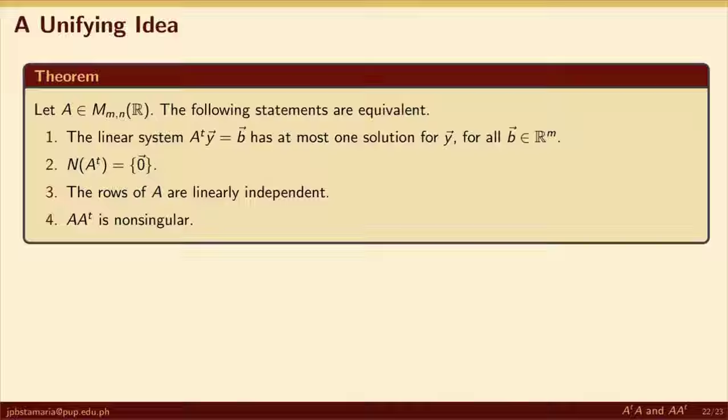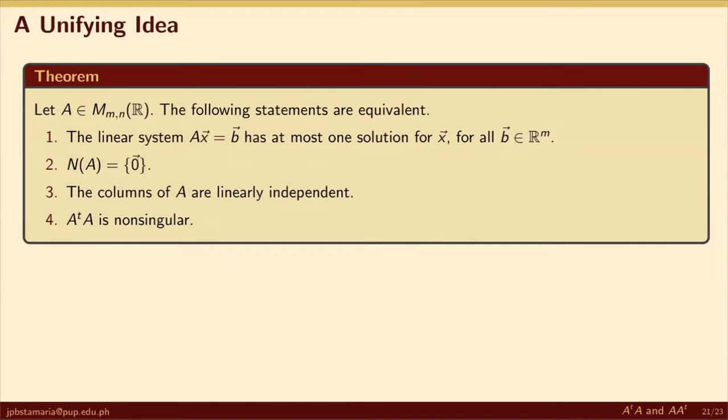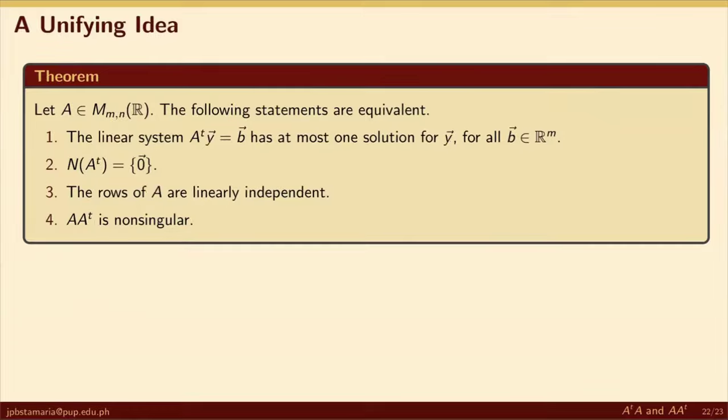In the case when A is square, ang mangyayari ngayon, pag si A ay square, remember, it means A is non-singular. Kaya nga, kapag si A ay square, kapag non-singular yung A transpose A, non-singular din si A, and vice versa.